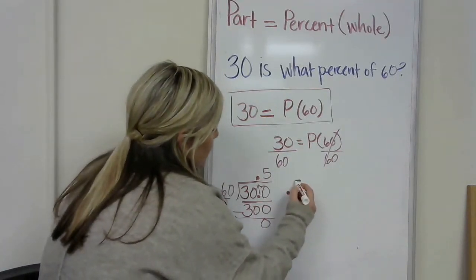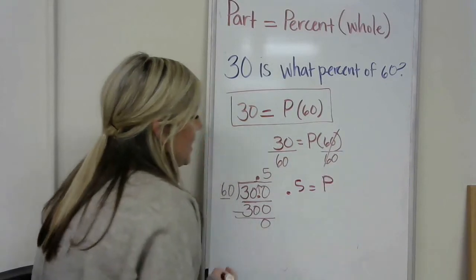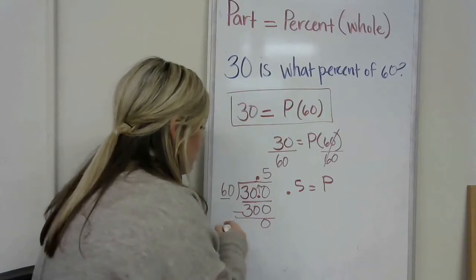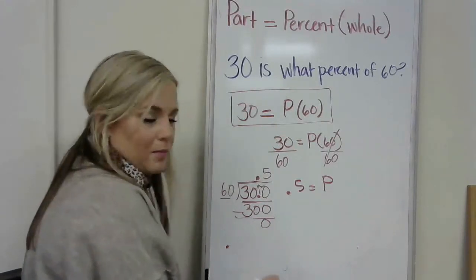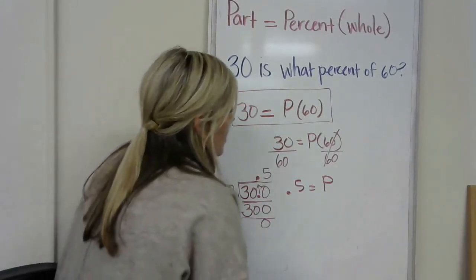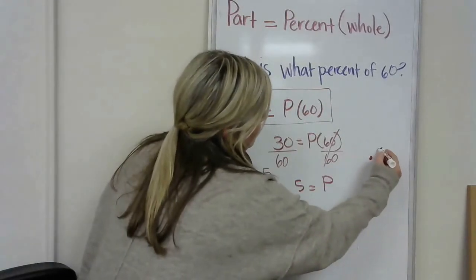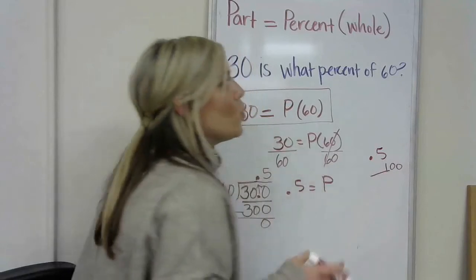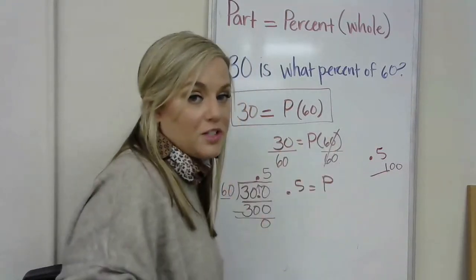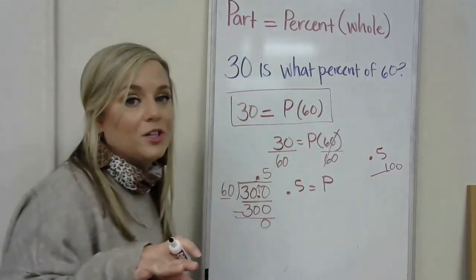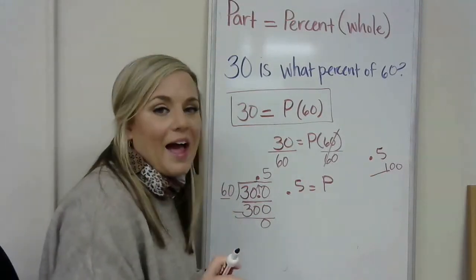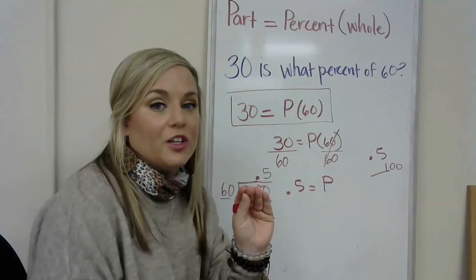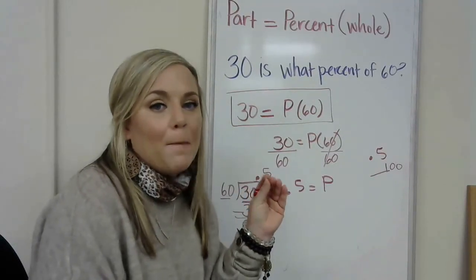So 0.5 is equal to P, a percent, but that's not in a percentage. It's not 0.5%. So I have to multiply this 0.5 by 100 because when you looked at my fraction decimal percent, and it's still an important information in tidbits, when we were taking a percentage and turning it to a decimal, we divided by 100.